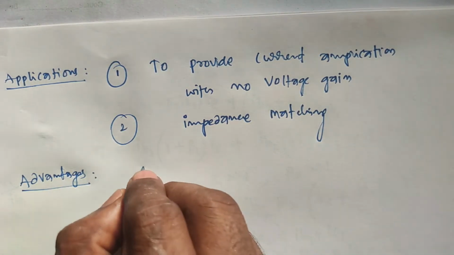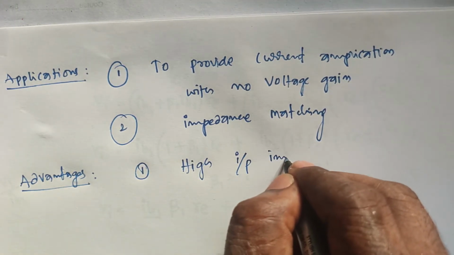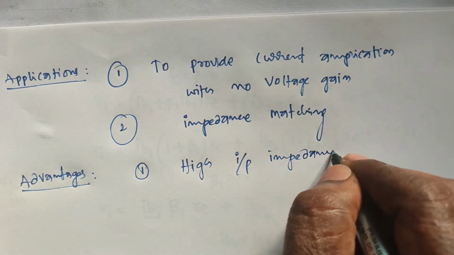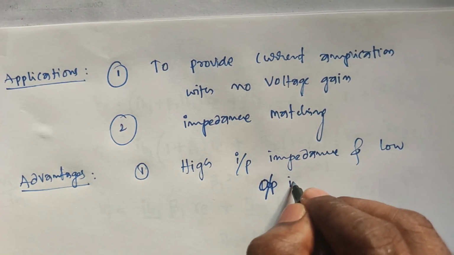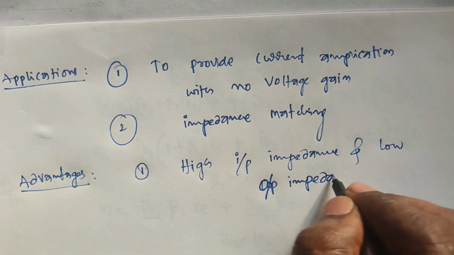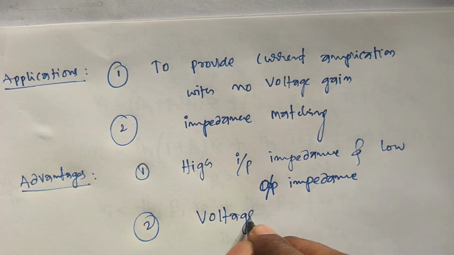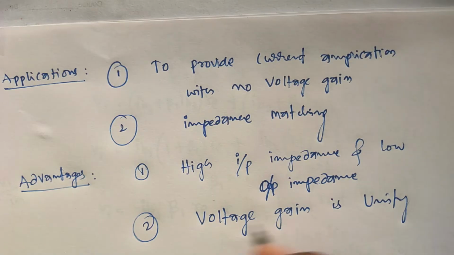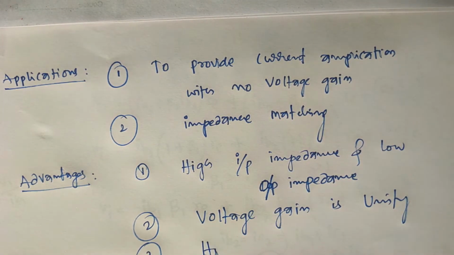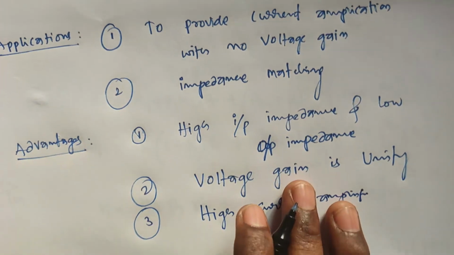Advantages of bootstrap amplifier: high input impedance is a major advantage, and low output impedance. And the second one is voltage gain is unity. Voltage gain is unity. And the third one is high current amplification. High current amplification. That is one more advantage.